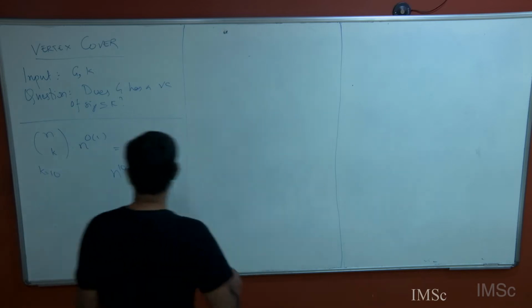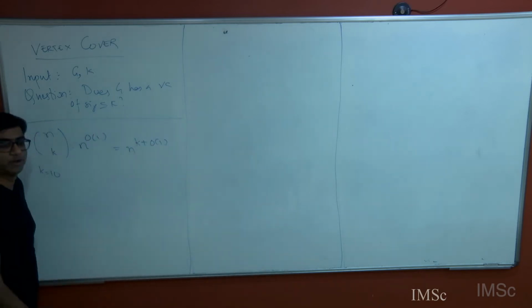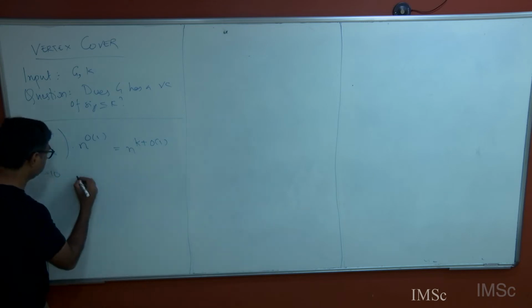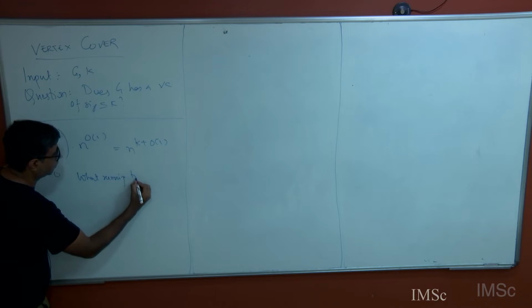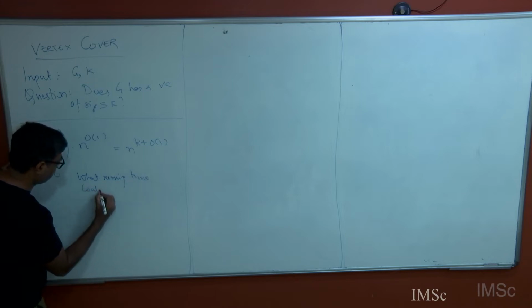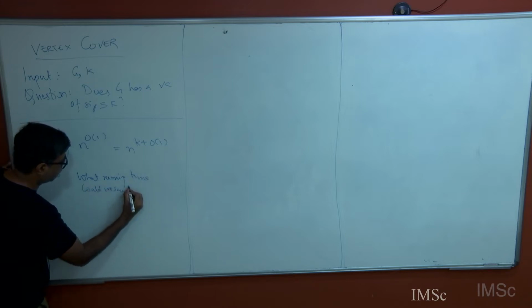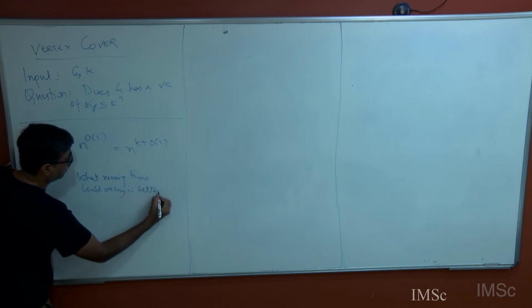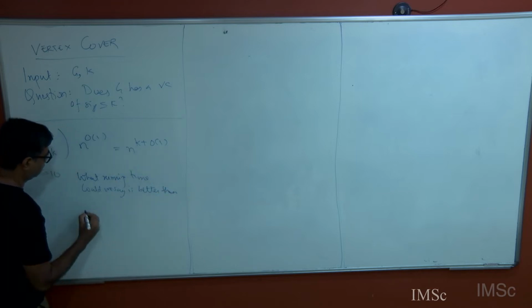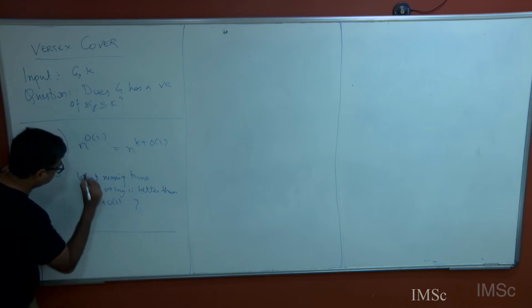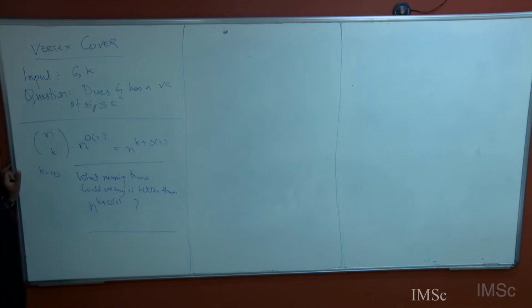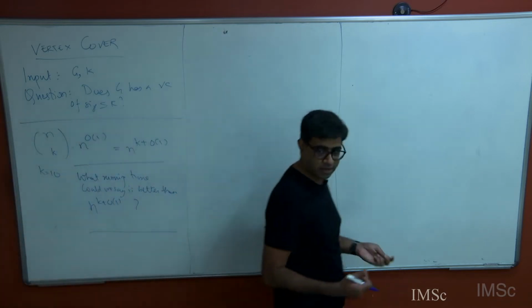Given that this is an algorithm, what will you consider an improvement over this? What running time could we say is better than this? Is the question clear? What running time can I say?